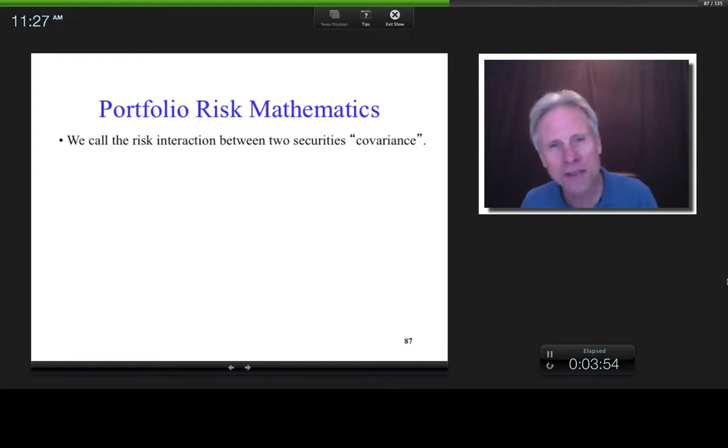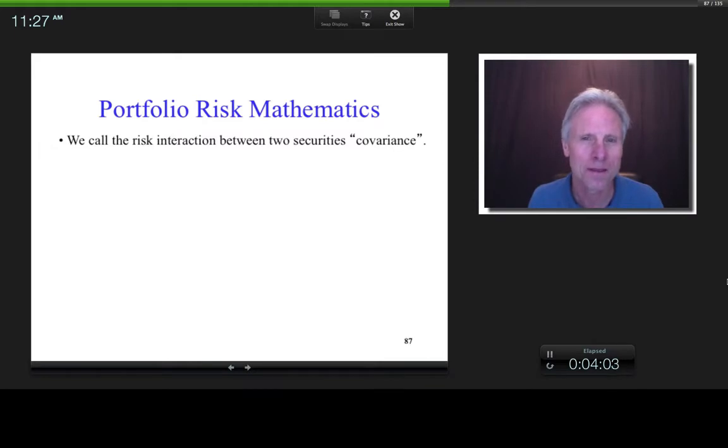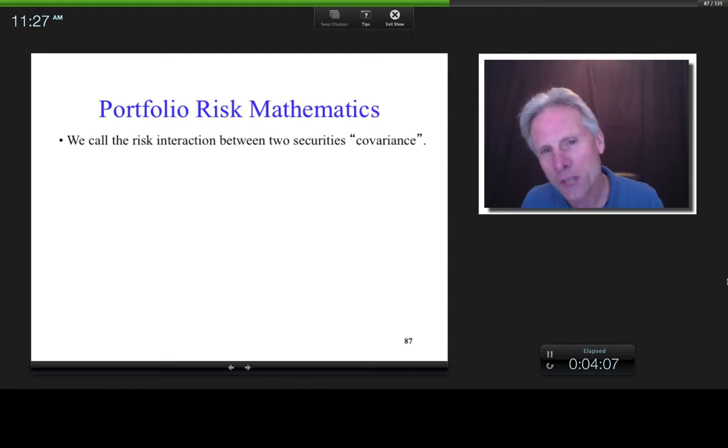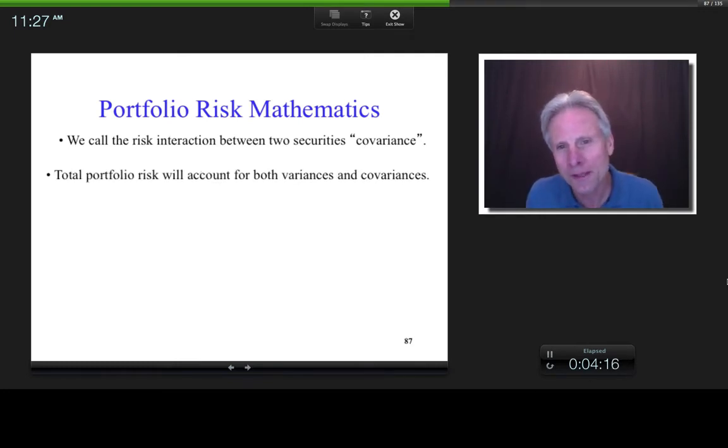So we'll get to how you calculate covariance in a minute, and hopefully I'll get across the intuition of why covariance captures risk interaction. But would it make sense that when we are looking at total portfolio risk, that it would include both variance and covariance terms? Well, presumably it would include both of those.